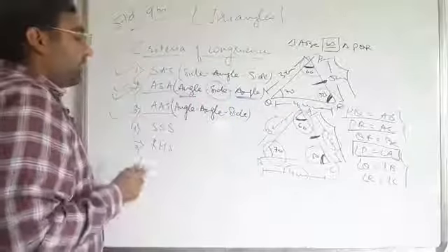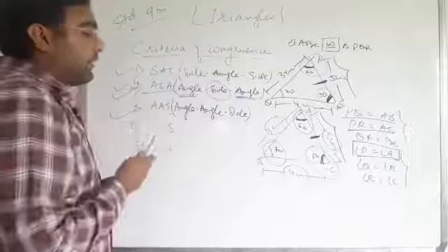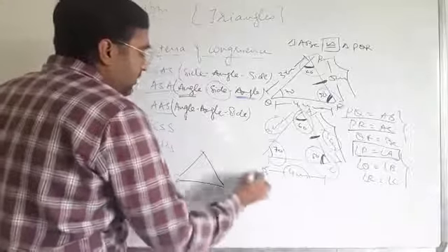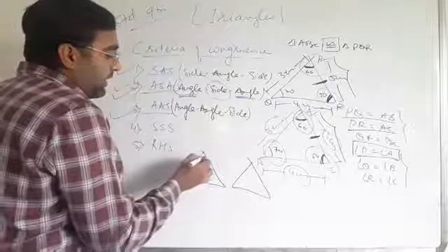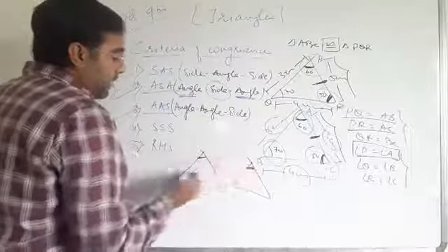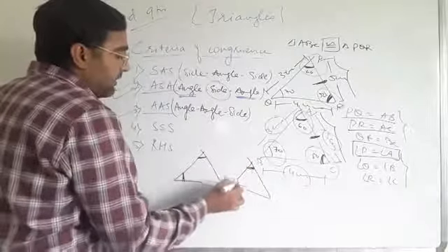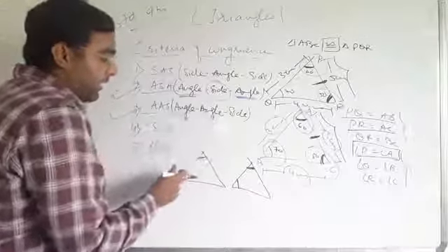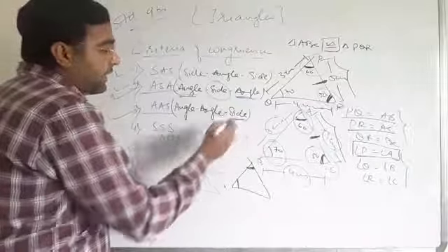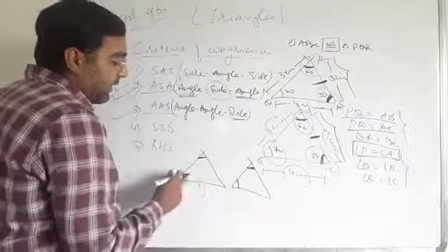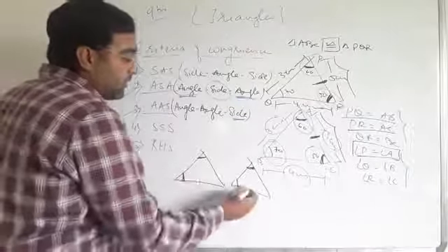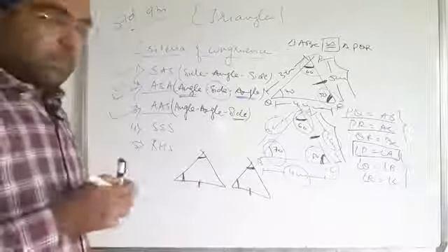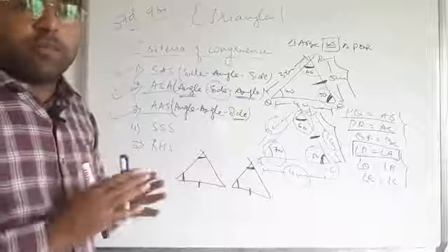If we take angle angle side, the criteria must be satisfied in that order too: if I take this angle with this and this angle with this, there are two angles, and after that we take this side, which is not between them. We must go in the proper order.